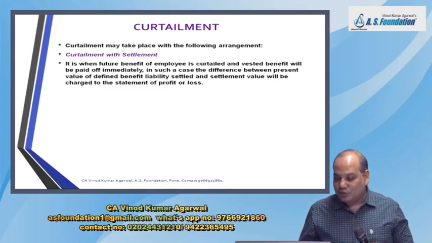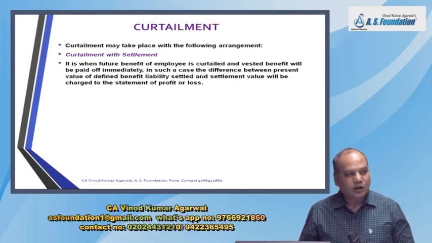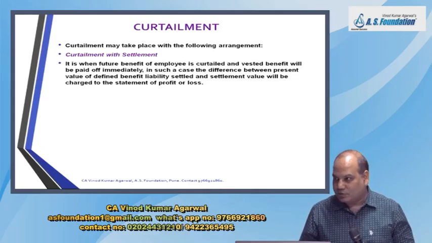In this case, we will calculate the gain or loss. How do we calculate? It is when future benefit of employee is curtailed and vested benefit will be paid off immediately. Now see the calculation, which they will not ask you to calculate. It is provided to you. The difference between PV of defined benefit liability settled, so this is my book value, and settlement value, this is what I paid.